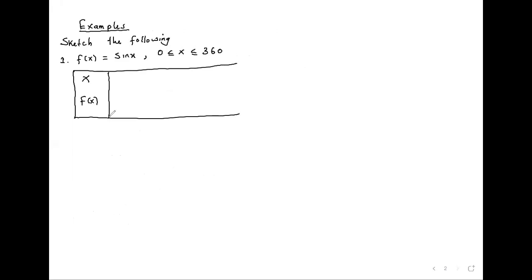It would be nice to use what we know. Well, we know what sine 0 is, so we use 0. From 0, we don't know what sine 1 is. We don't know what sine 5 is. We don't know what sine 10, 15, or 20 is, but we know what sine 30 is.